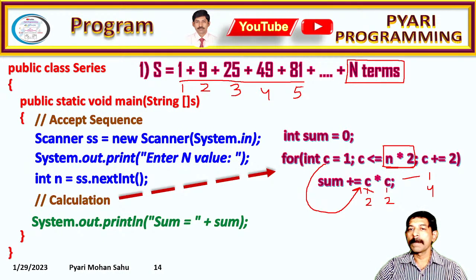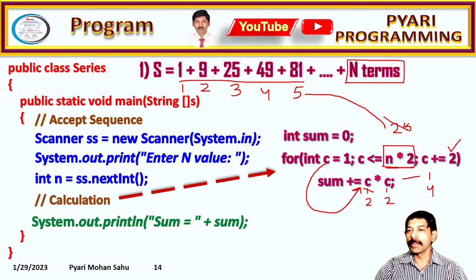Is it clear? Are you getting me or not? Because I am saying c plus equals to 2. So that means if it is 5, I have to move up to 25 over here.